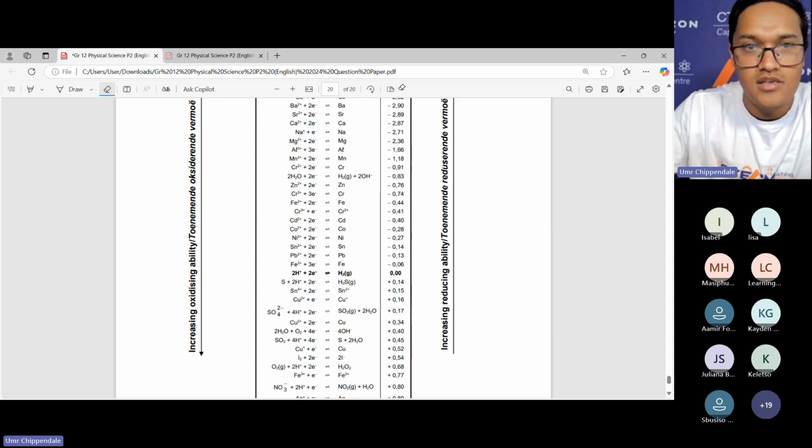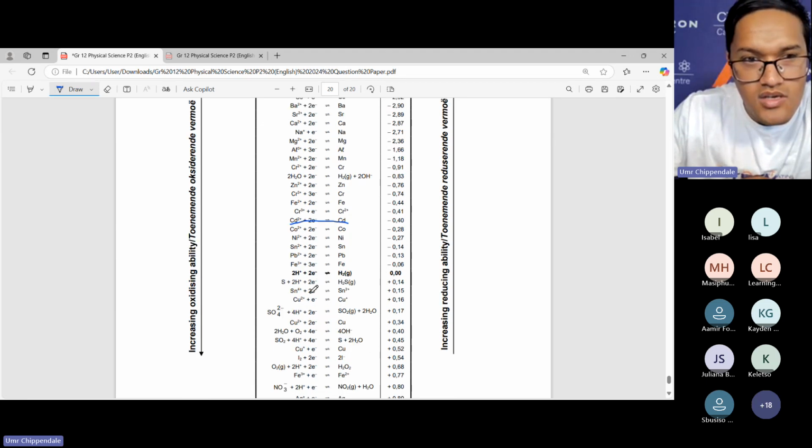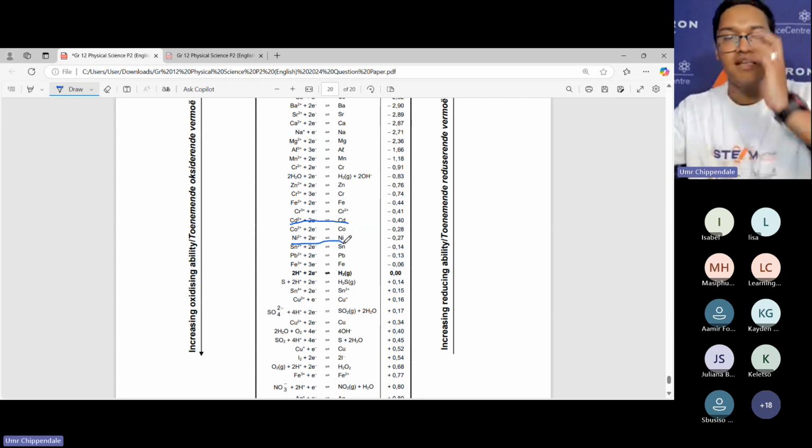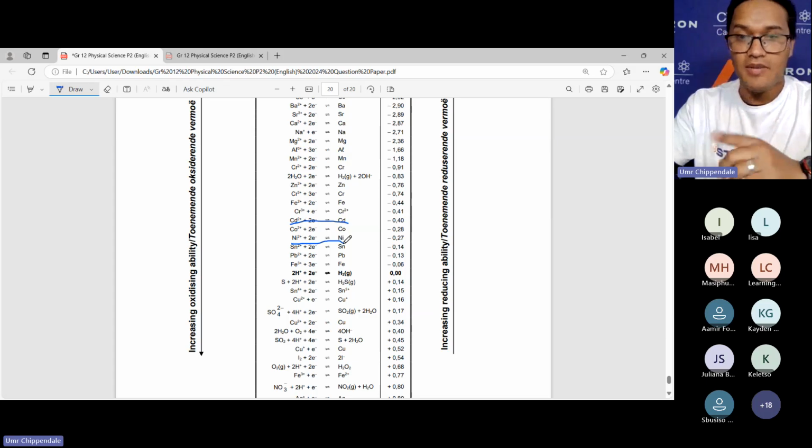Cd was here. And then our nickel was Ni 2 plus. So always make sure you choose the correct one. So here's our Ni 2 plus. Now remember, they want to know at which electrode this takes place.